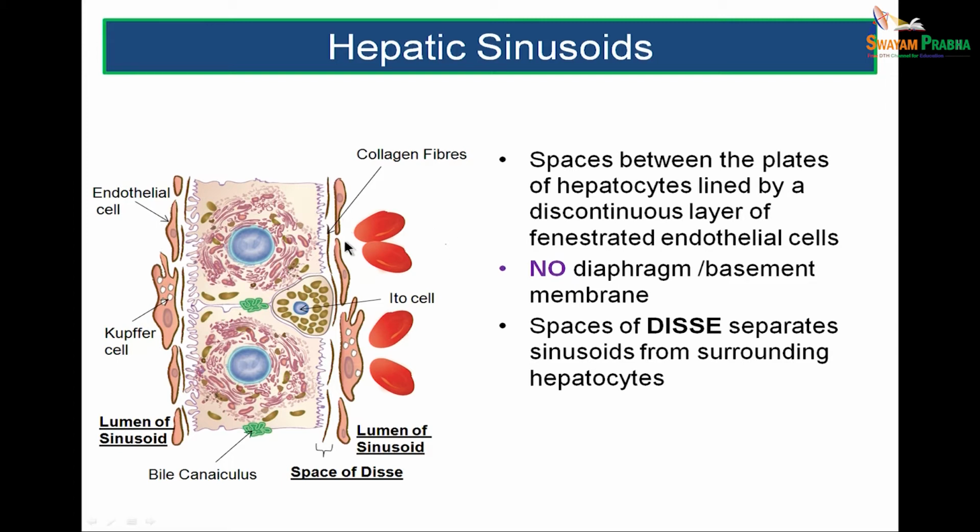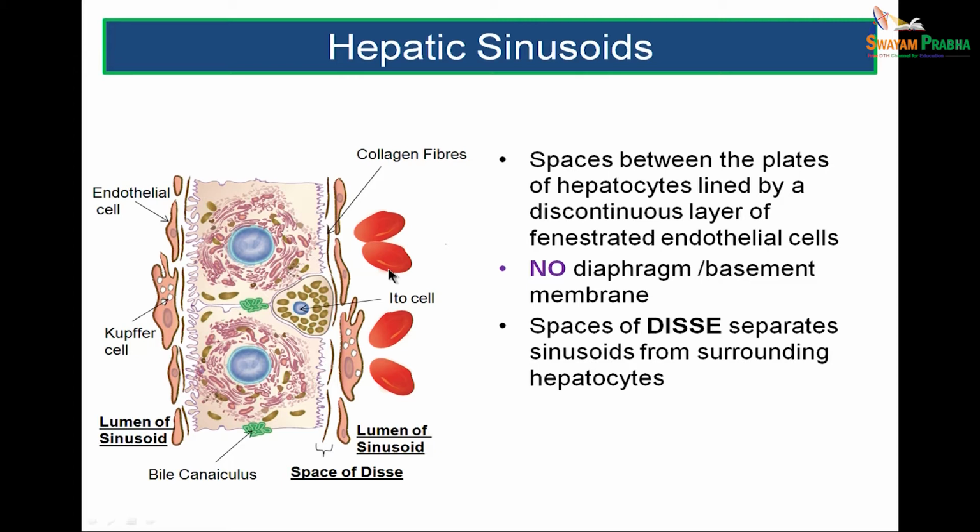Now, the endothelial cells that you see here, we see 1, 2, 3 endothelial cells. These endothelial cells are discontinuous. Do you notice they are not touching? So, there is a discontinuous layer of endothelial cells, they are fenestrated, there is no diaphragm and there is no basement membrane.